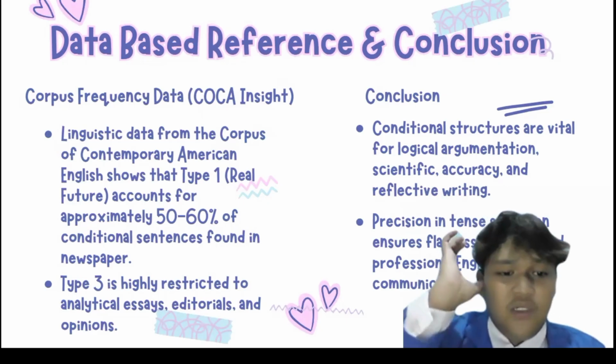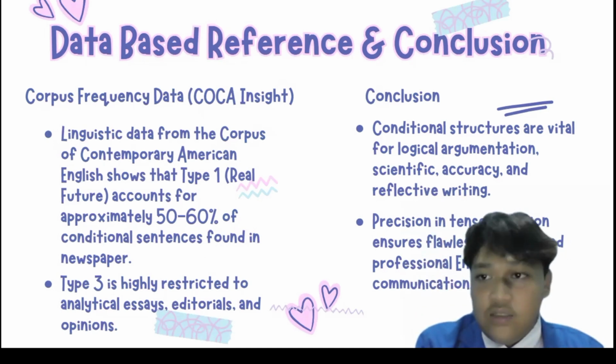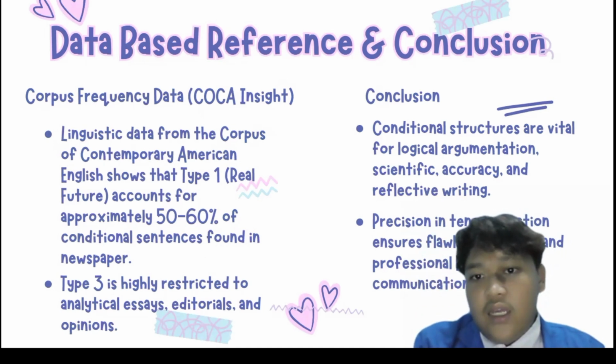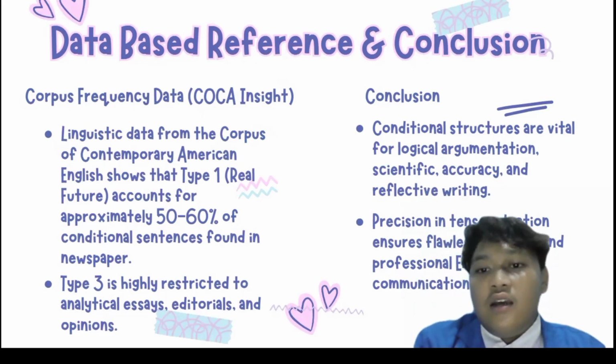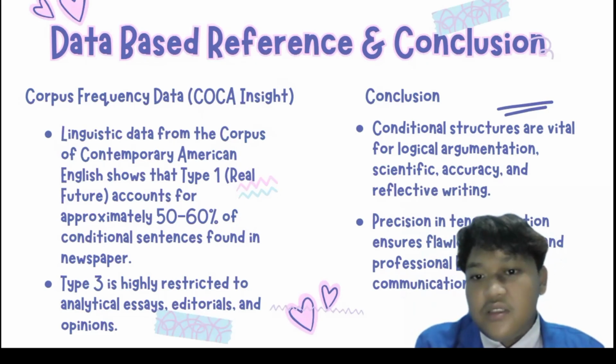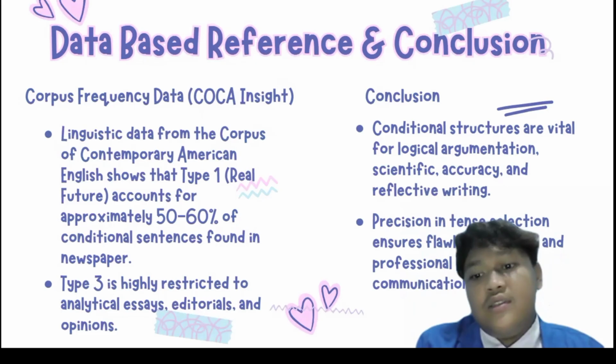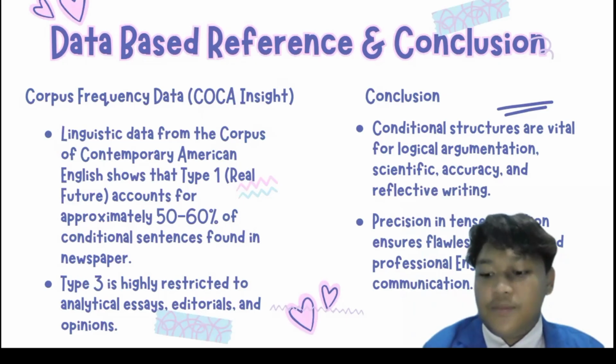And the third type is highly restricted to analytical essays, editorials, and opinions. And the conclusion is conditional structures are vital for logical argumentation, scientific accuracy, and reflective writing. Precise selection ensures flawless academic and professional English communication.